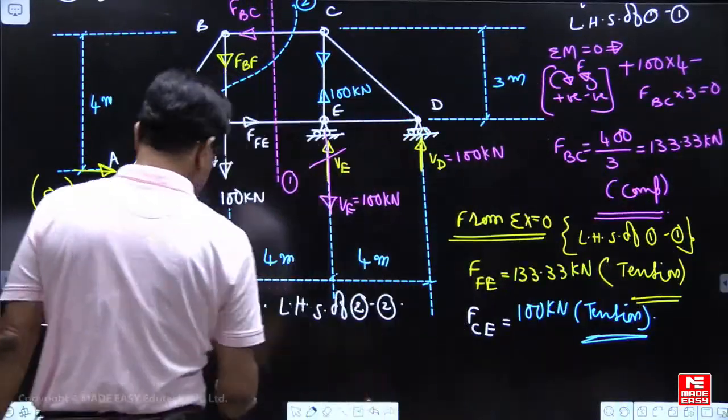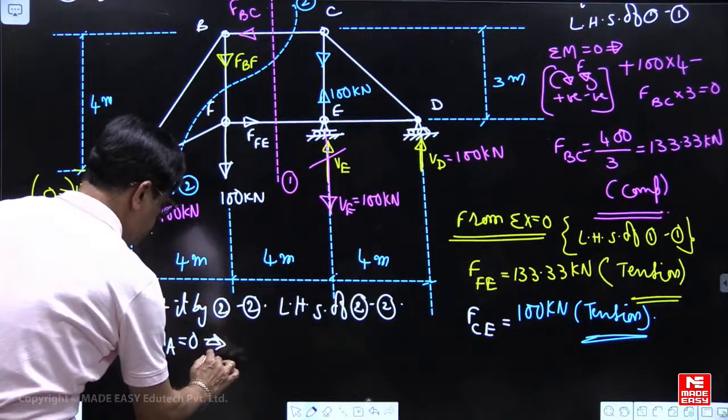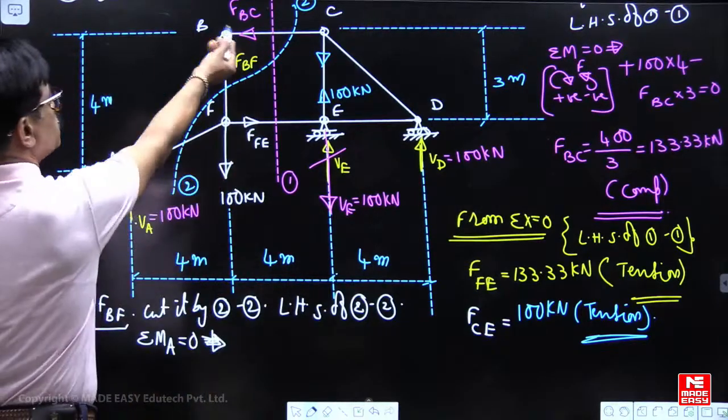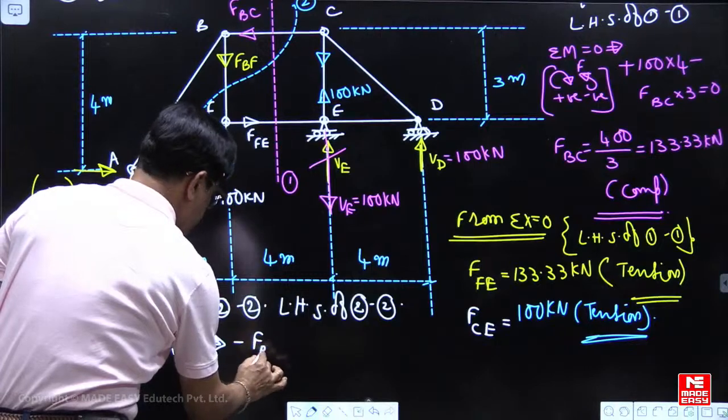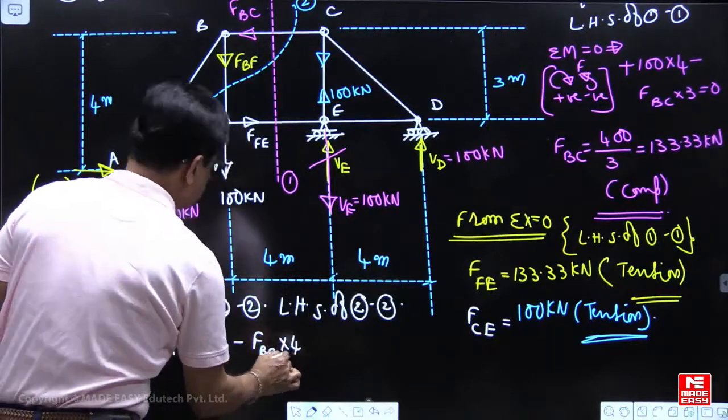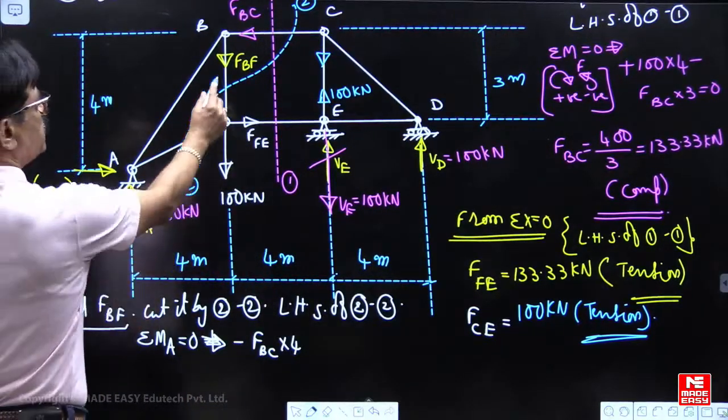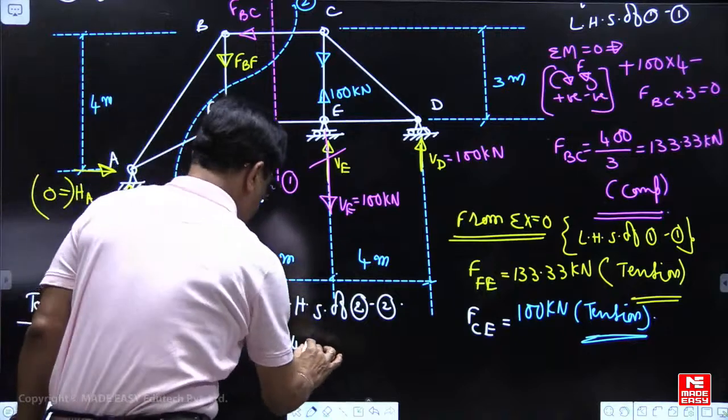Sigma MA is equal to 0. So minus FBC into 4, then plus FBF into 4.